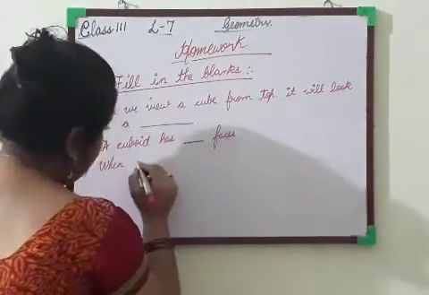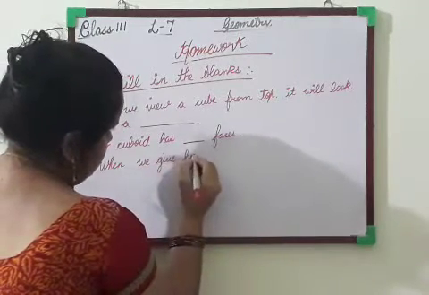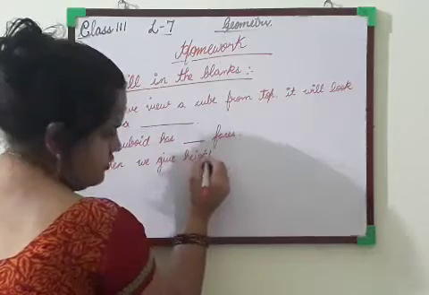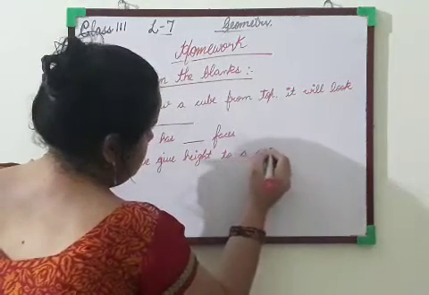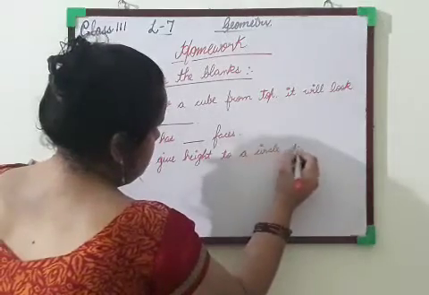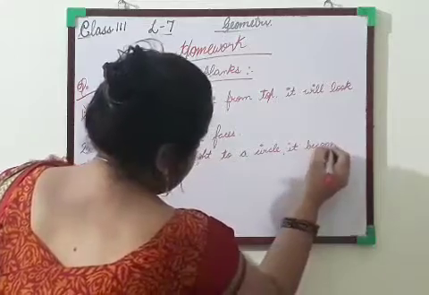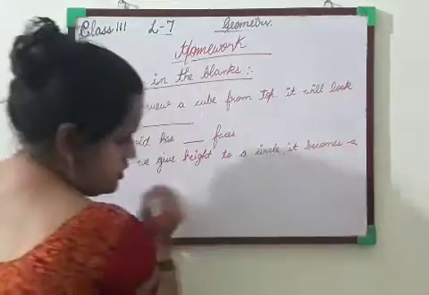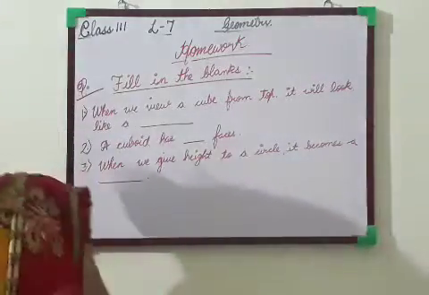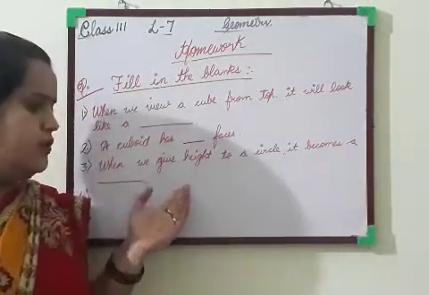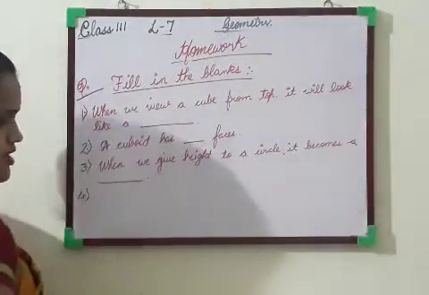When we give height to a circle, it becomes a dash. Again, just now I told you, whenever the height is given to a circle, what does it become? Yes, it is very easy.